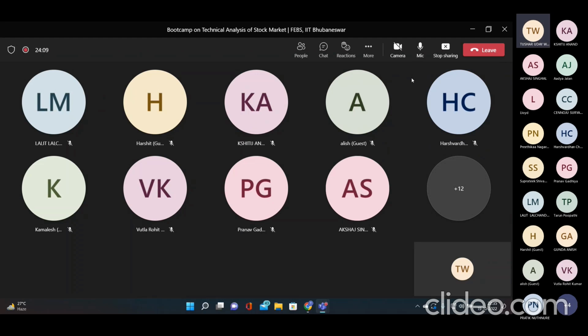If no one has any doubts, then Lalit will be taking the session forward.